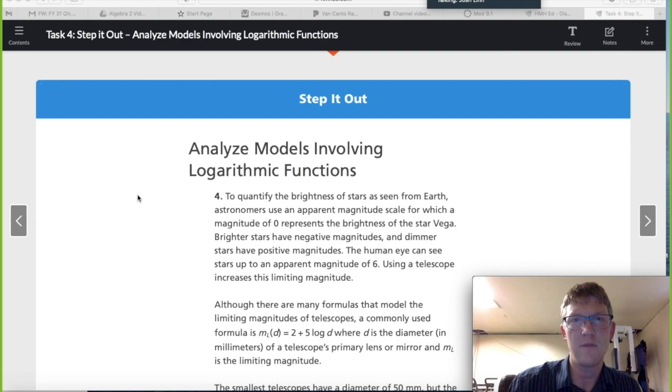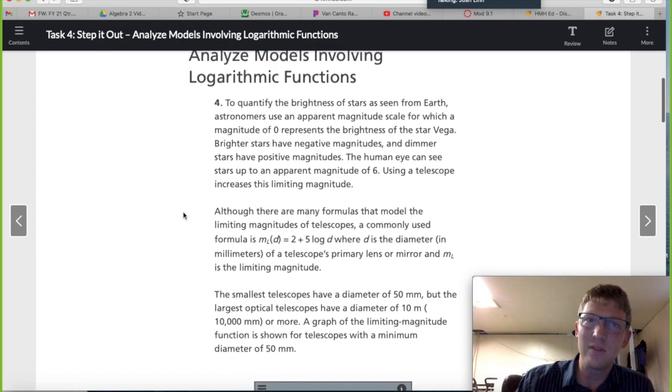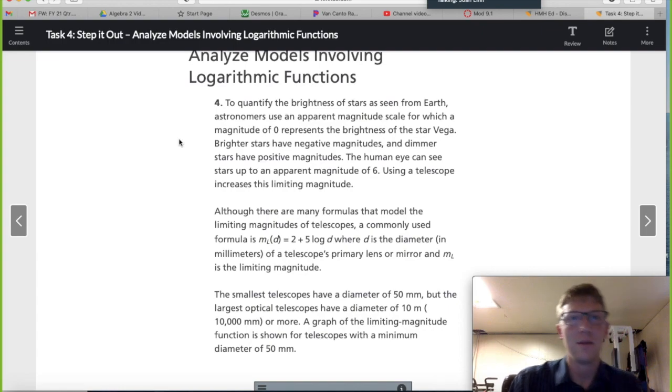Analyze models involving logarithmic functions. So they're going to give us a couple of mathematical models, 2 of them specifically, and so we can kind of analyze them. So in this situation, to quantify the brightness of stars as seen from Earth, astronomers use an apparent magnitude scale for which a magnitude of 0 represents the brightness of the star Vega.